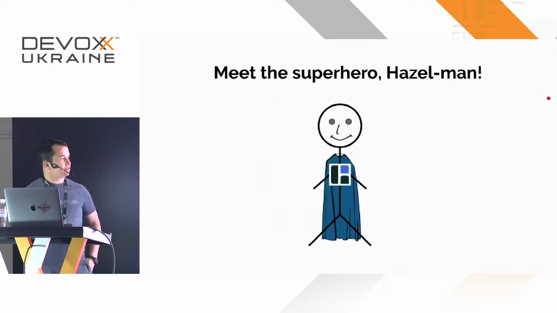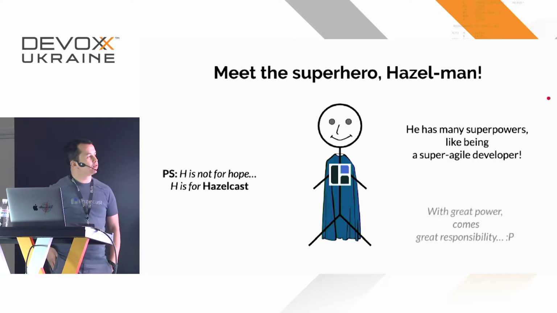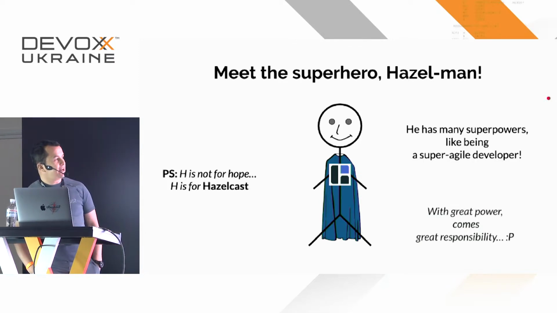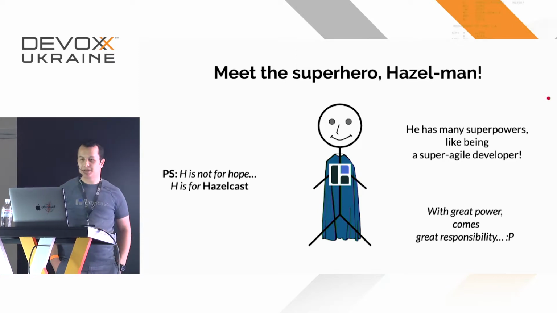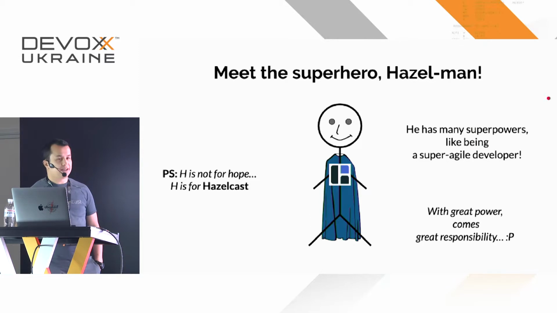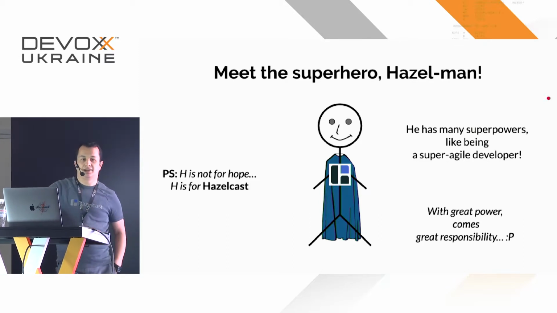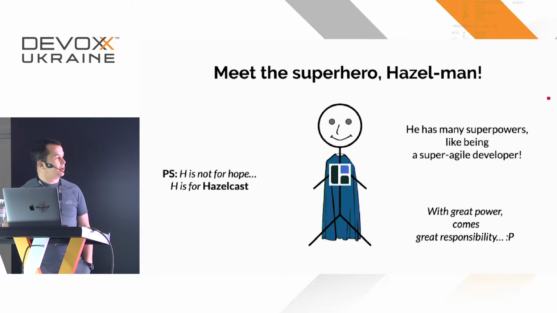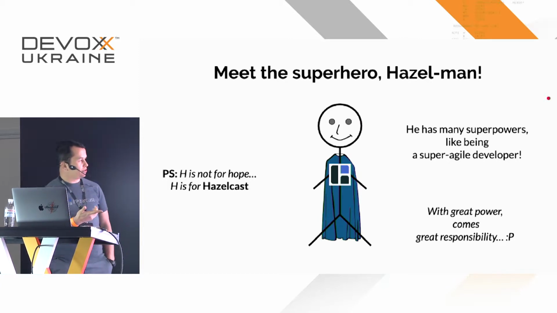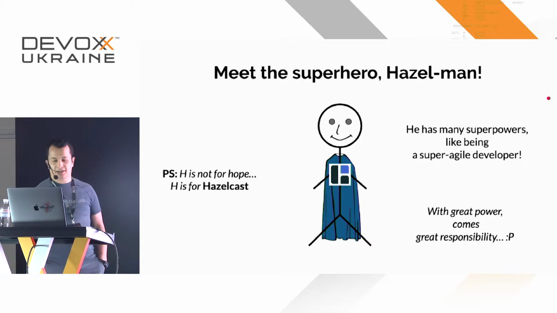As you can see, with his fancy outfit, he has many superpowers, like being a super agile developer, and he likes to develop applications in an agile way. He's also a simple guy. He doesn't want to do many things when he's working. By the way, the H in the outfit is not for Hope, it's for Hazelcast.